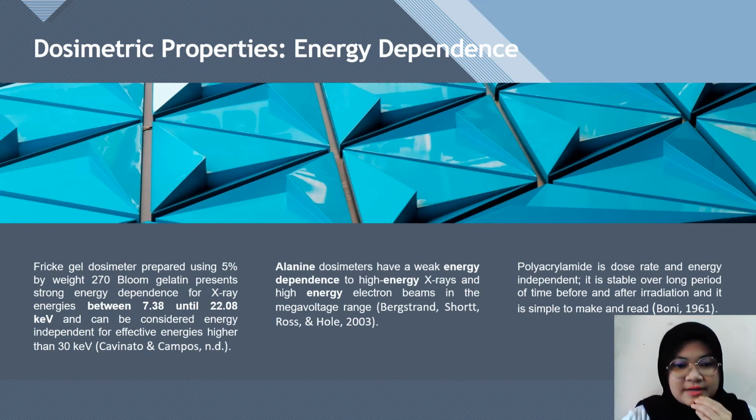The first one is the Fricke gel dosimeter, prepared using 5% by weight 217 bloom gelatin, which presents strong energy dependence for X-ray energy between 7.38 and 22.08 kiloelectron volts, and can be considered energy independent for effective energy higher than 30 kiloelectron volts. This is based on Kelvinator and campus, no date.